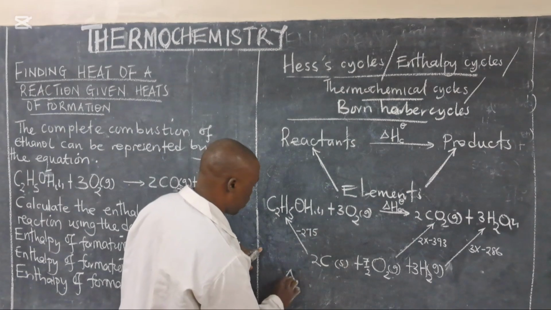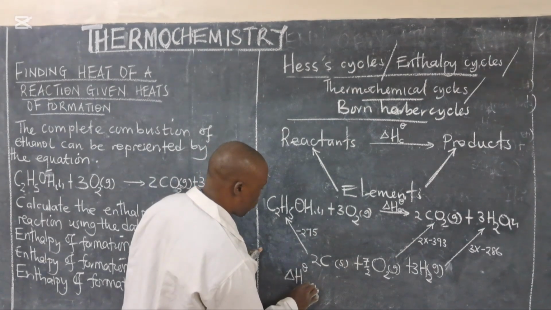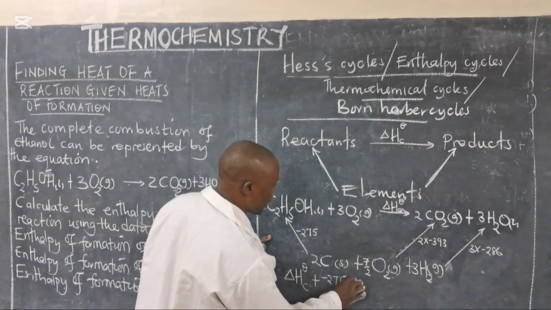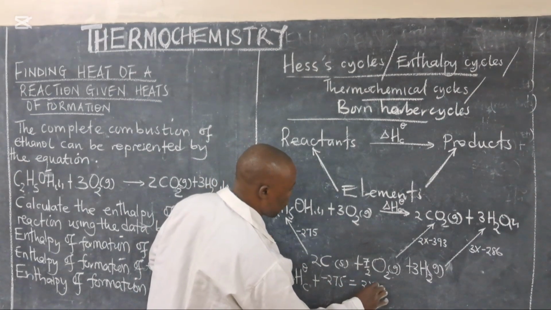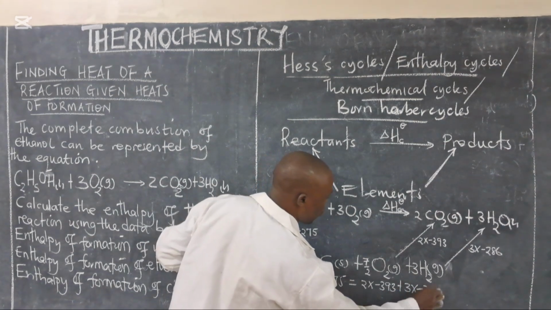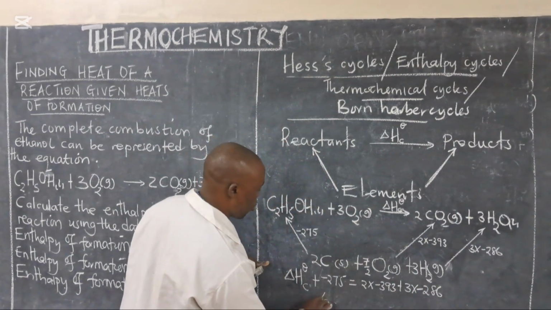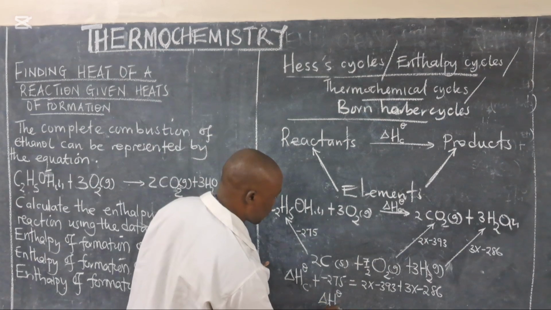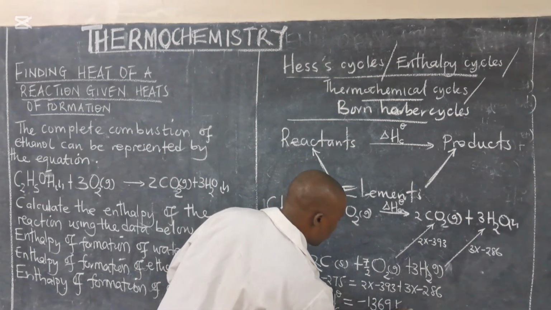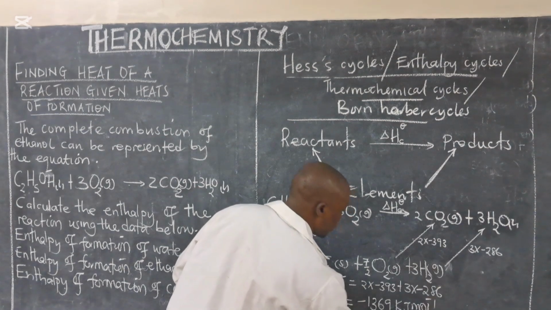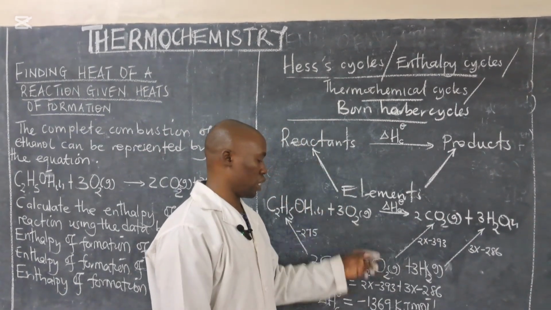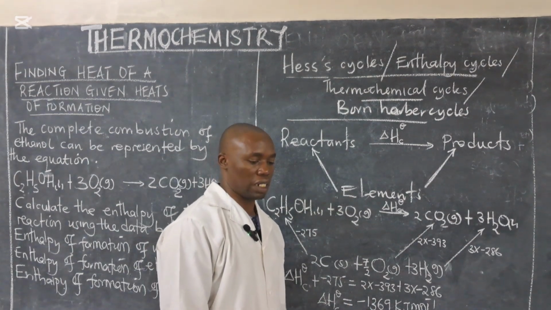So the standard heat of combustion plus negative 275 is equal to 2 times negative 393 plus 3 times negative 286. On making this the subject, we get negative 1369 kilojoules per mole. So this reaction is feasible because the heat of this reaction is exothermic, or negative.